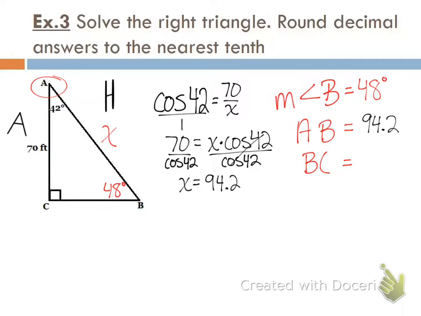Okay, so to find BC, I would just label that with a new variable like y. And I wouldn't use the hypotenuse in order to find it because we had to round it. So I would always default back to the information that was given to you in the original problem.